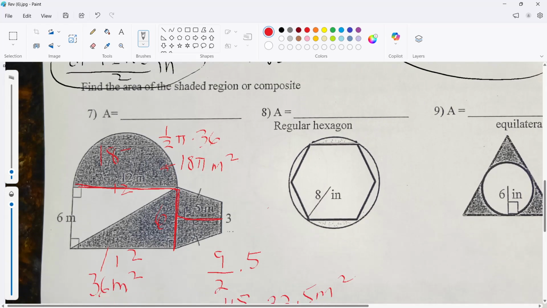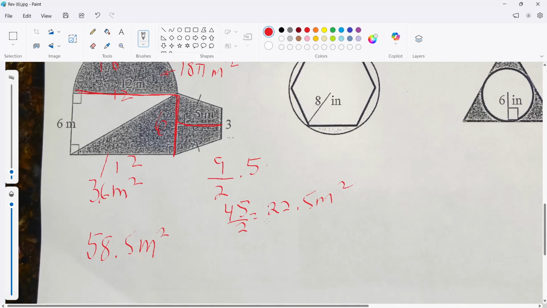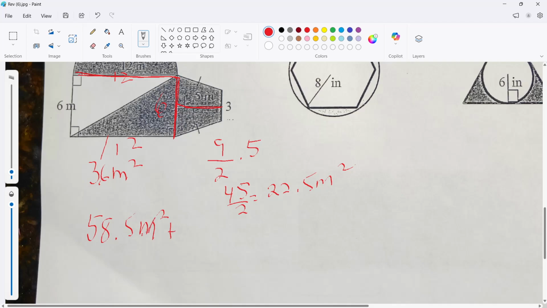So now I can add these together. 36 plus 22.5 is 58.5, plus 18 pi meters squared. And that's the area of the shaded region.